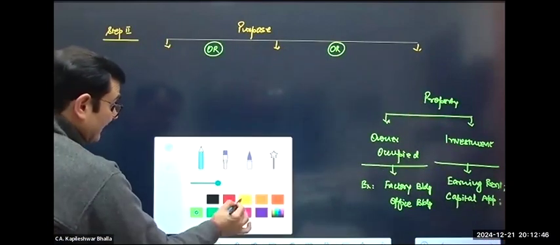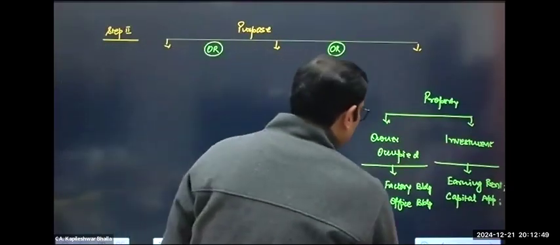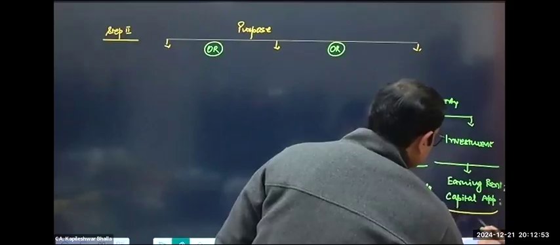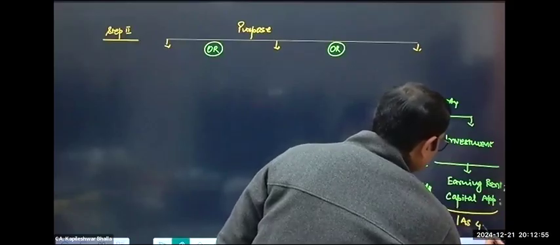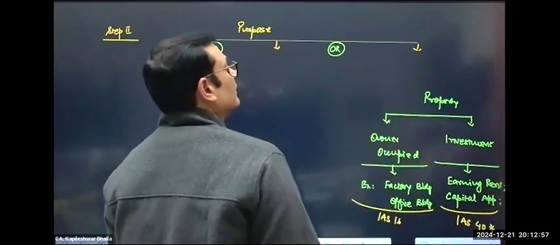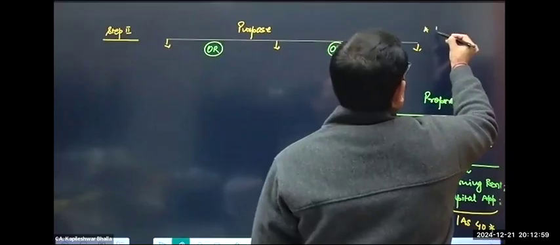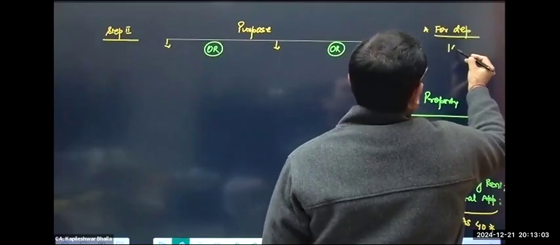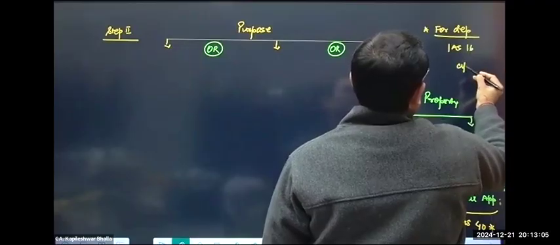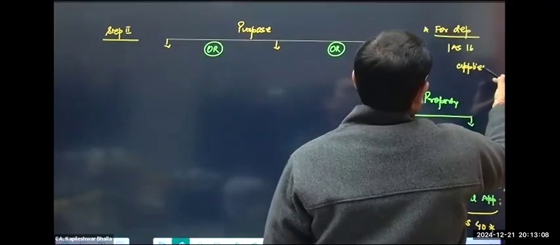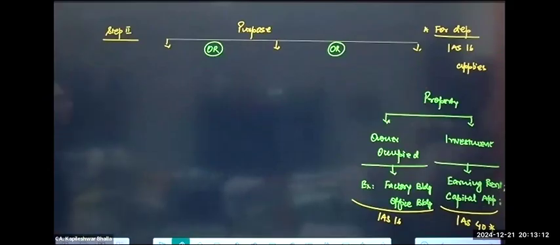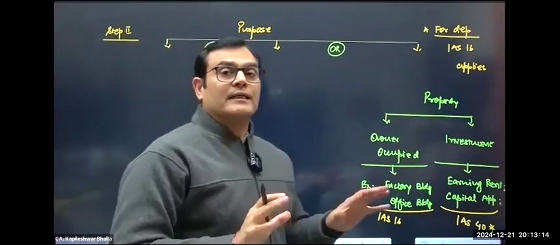Owner occupied property is completely accounted under IS 16, and investment property is accounted under IS 40, but for depreciation, IS 16 applies. So investment property is only depreciated as per this standard. Otherwise, it is completely accounted under IS 40.